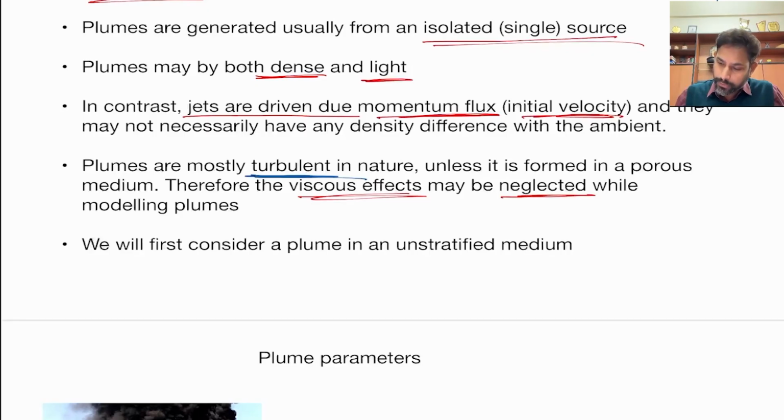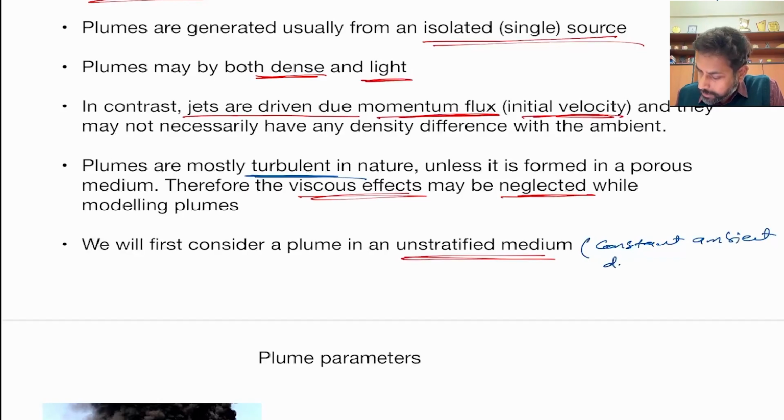Okay, and moving forward, we will start with plumes in an unstratified medium. So what is an unstratified medium? The ambient density is constant. So an unstratified medium is one with constant ambient density, right?